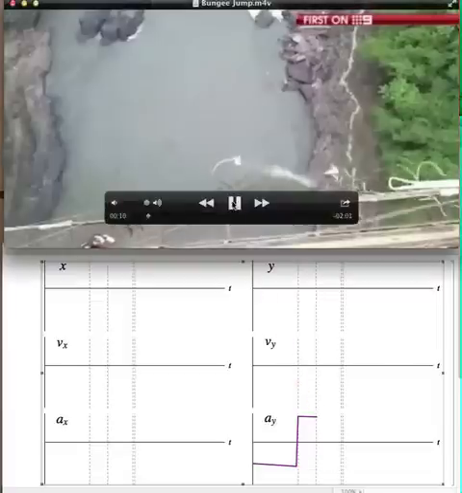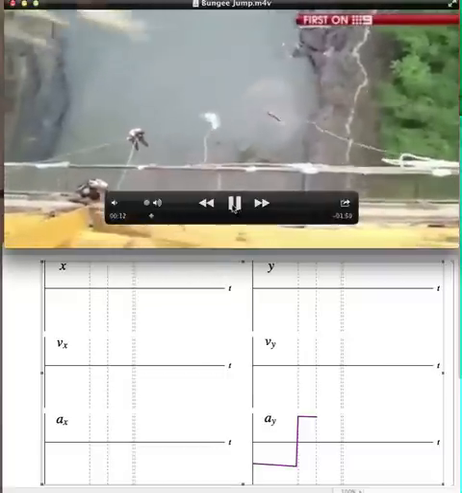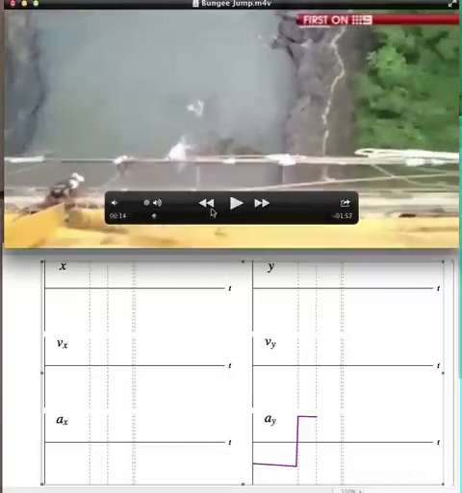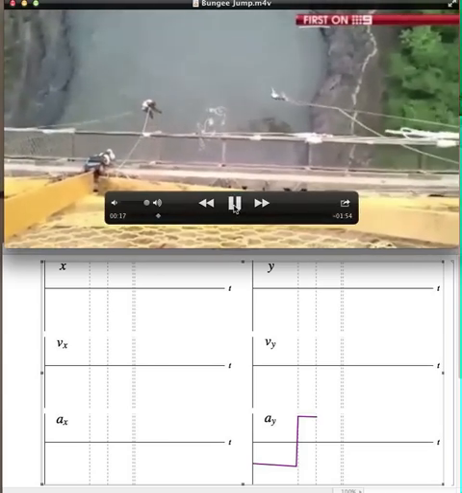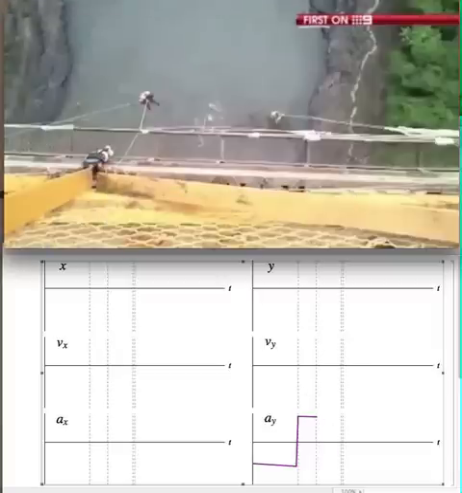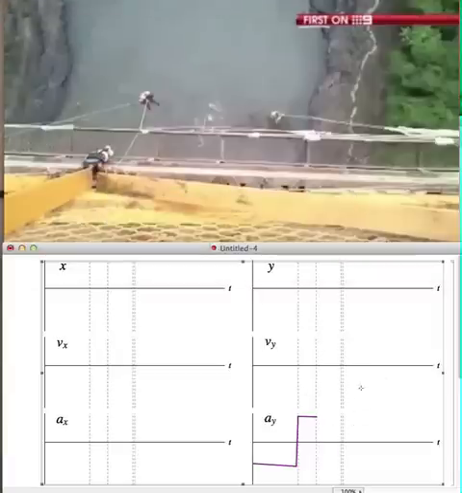Then what happens? First the bungee cord, then she hits the water. In a very short moment, she comes to a sudden stop. That looks like this on our graph. So the acceleration due to the bungee cord was upwards, slowing her down.